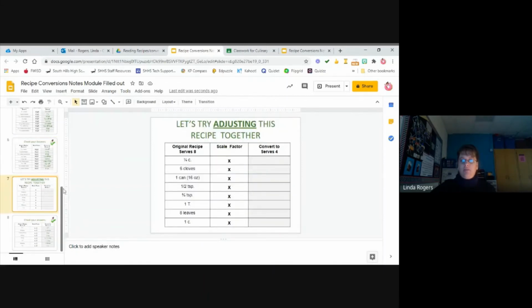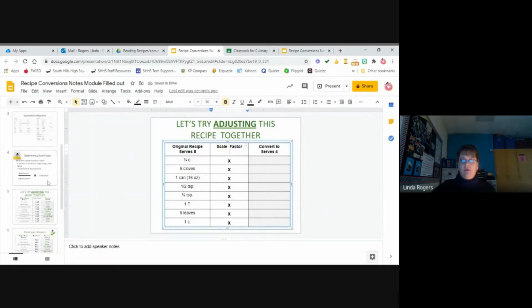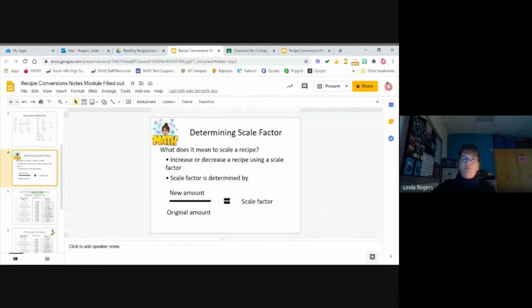Now, let's do this one. This one, we're reducing. Our original recipe was 8, and we only want to do 4. So what is our scale factor? How are we going to figure our scale factor? Remember, new amount divided by original amount is going to give us our scale factor. So our new amount is 4. We divide it by 8.